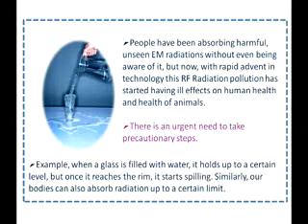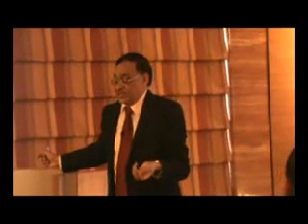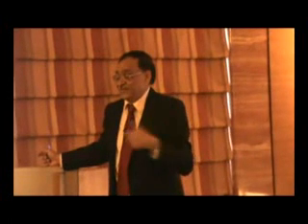So I would like to say at the end only one simple thing. If we have a glass, you can pour some water, and there will be a time when you can't even add one more drop. Similarly, our body can absorb radiation up to a certain limit, and once the limit is crossed, things will start happening in a very bad way.